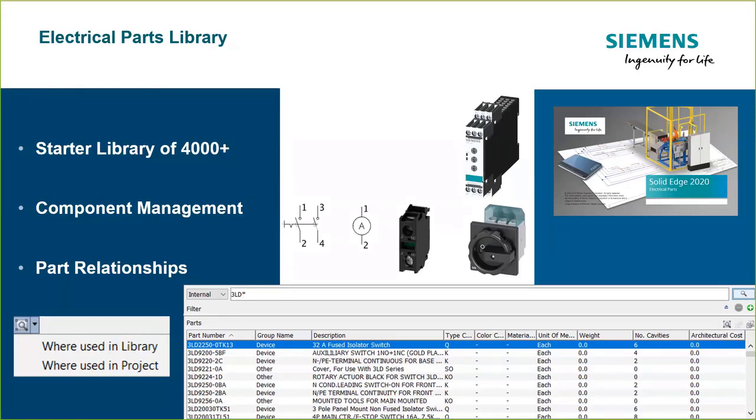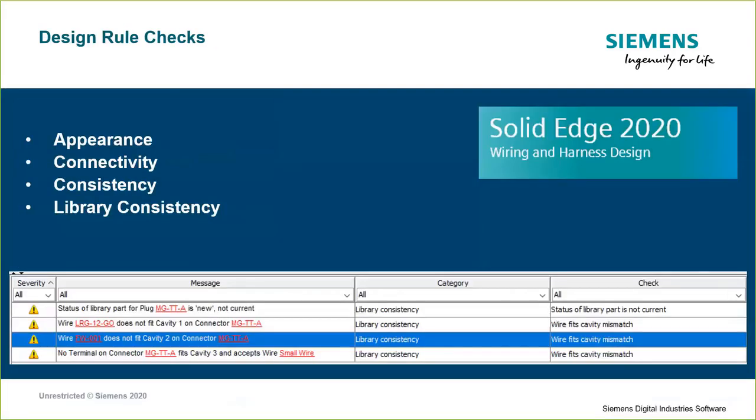So this is how we get automation with the tool helping us make sure all this is put together because we're pulling the information from this electrical parts library. And we have design rule checks to make sure that that information is lining up. Help us catch those issues that we may have from the beginning and not waiting to the end.